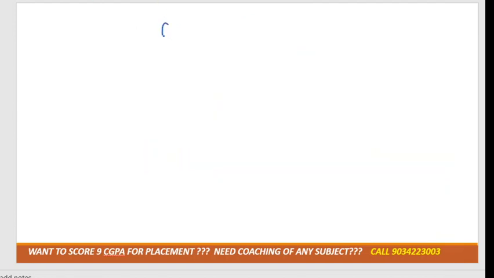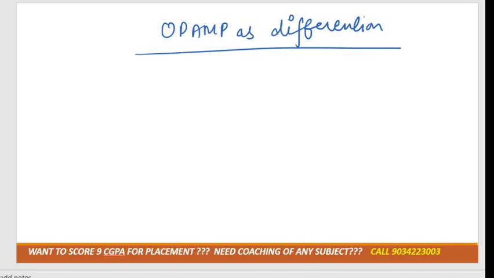Next one is the op amp as a differentiator. When the op amp acts as a differentiator, obviously there is a differentiation, but the diagram would be exactly opposite to the integrator.